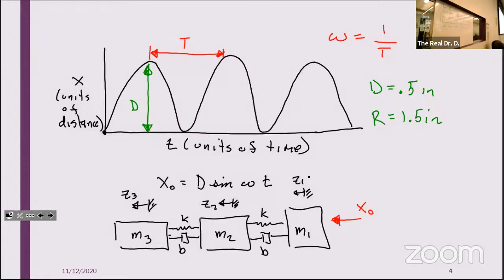But the thing about the third cart is, now you have D, so how do we find omega? By reading your data and plotting it out like this sine wave here, you can get the peak to peak time, which is your period. Once you have the period, you have the frequency, because the frequency stays the same throughout the entire thing. We use omega for frequency, and we also use omega for angular velocity.